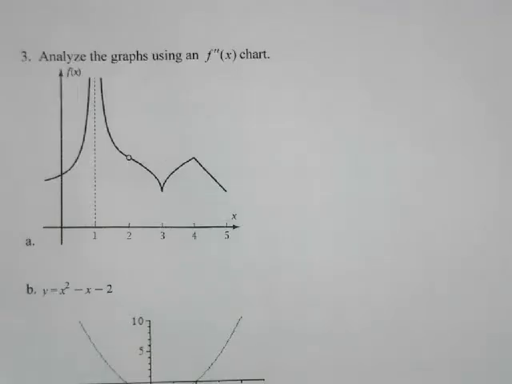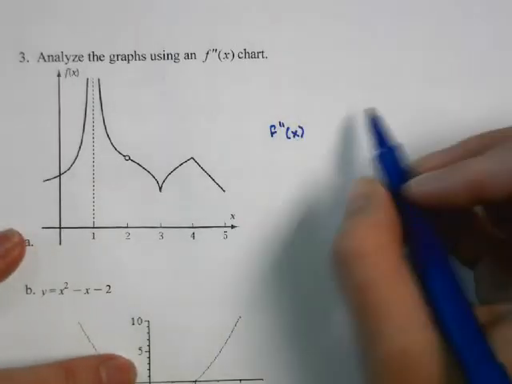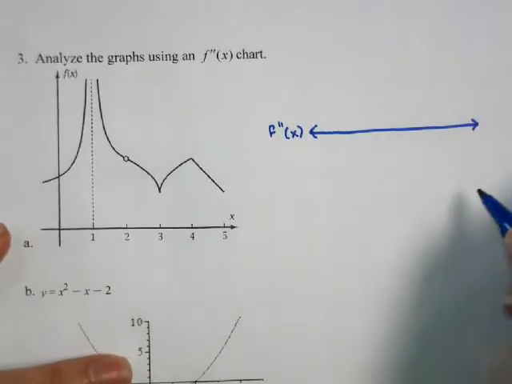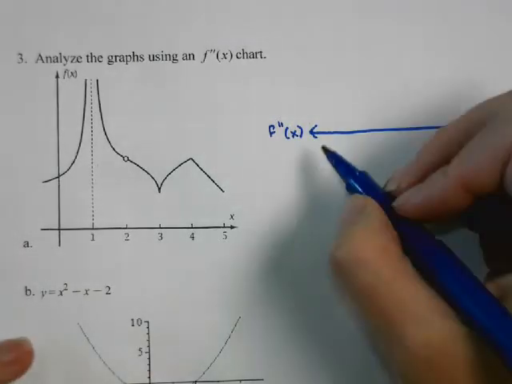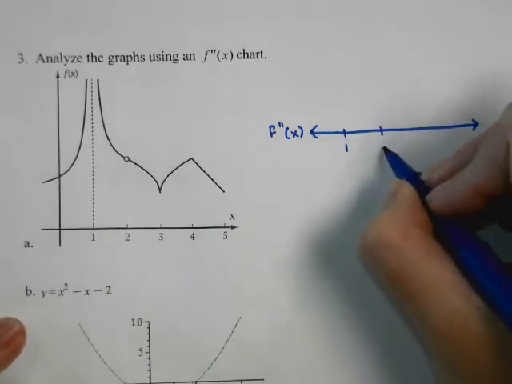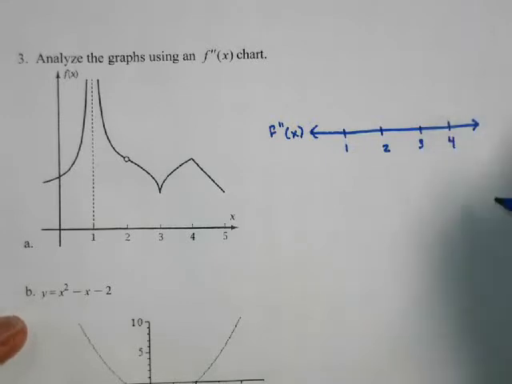So now we're going to make a second derivative chart. And again, we're going to go from the graph to the chart with the eventual goal that you'd be able to go from the chart to the graph. So this one, something going on at 1, something going on at 2, 3, and 4.